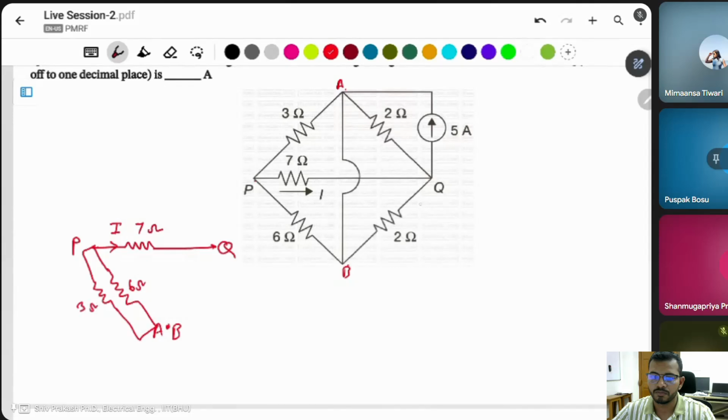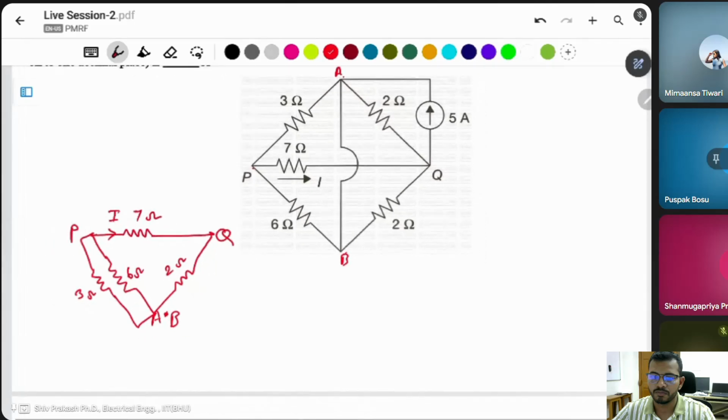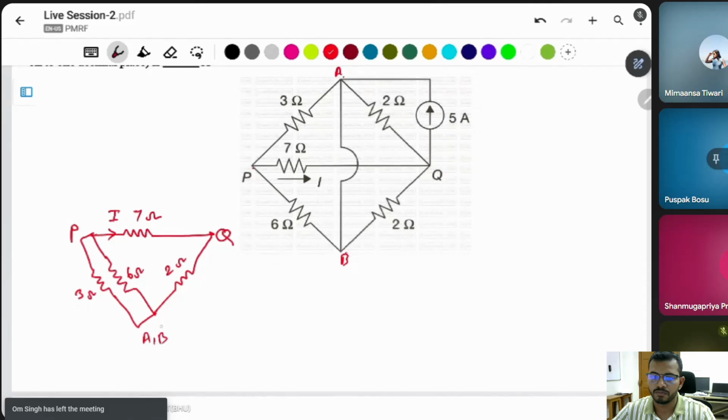Then Q to B is a 2 ohm resistance. Q to A is also a 2 ohm resistance, since A and B are the same point.